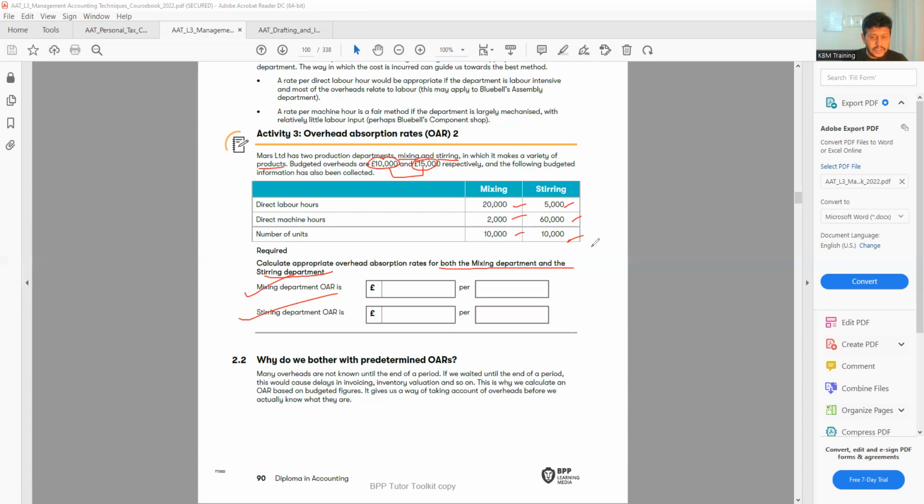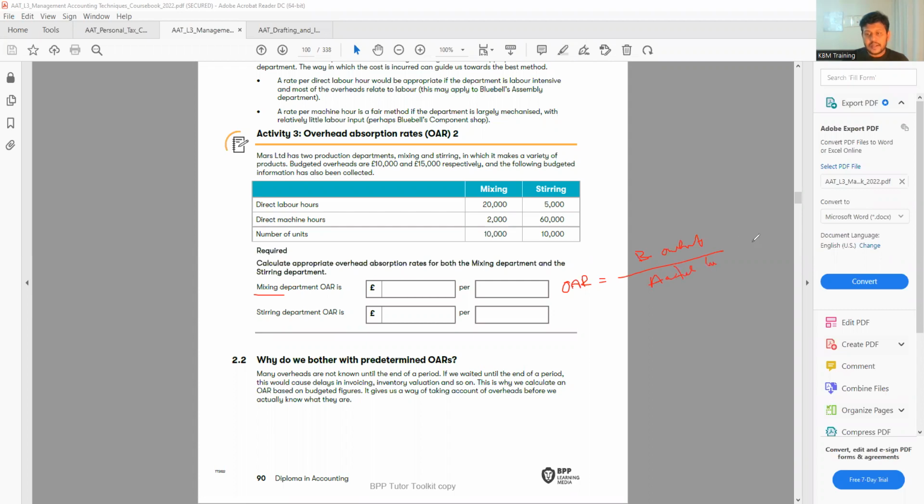Can we calculate that? The first one we need to do is the mixing department. So let's do that. The formula here is we need to do OAR. The formula for that is budgeted overhead divided by activity level.